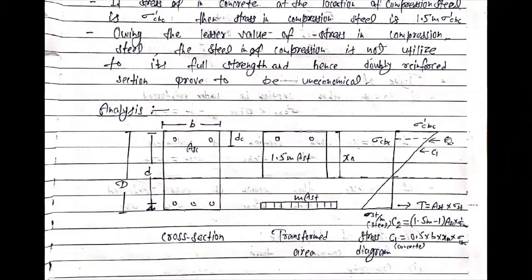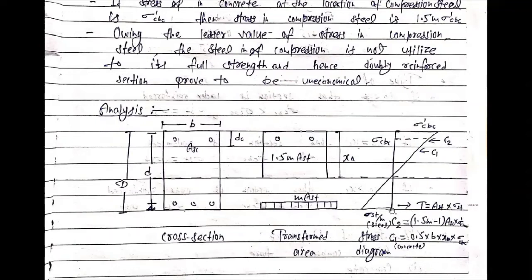Basically C2 is the compression force, compression stress in compression steel, while C1 is stress in concrete as given here.